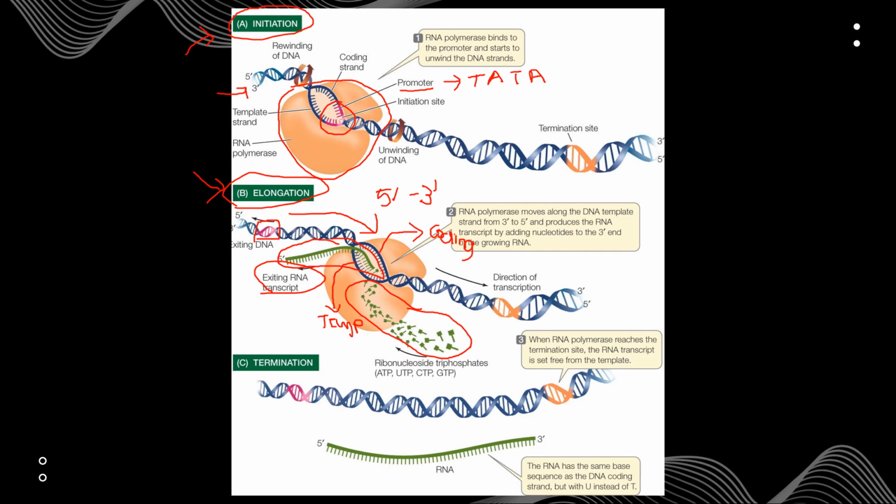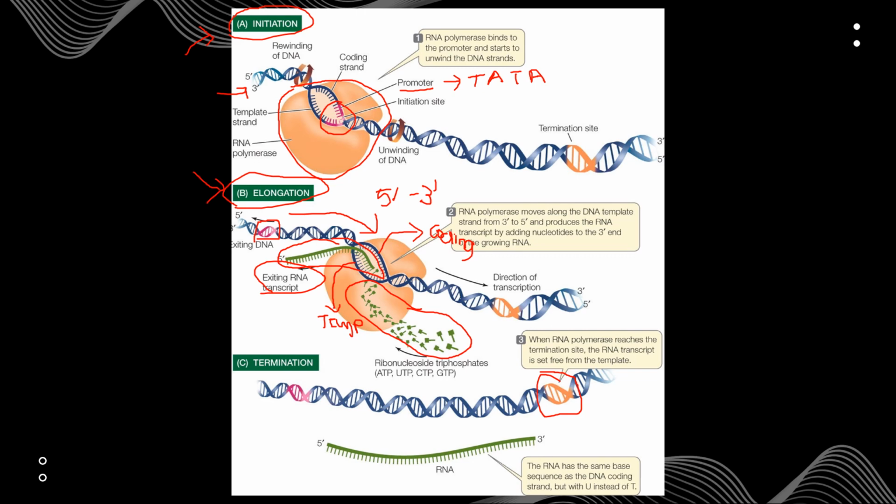So once we finish making our RNA transcript, RNA polymerase will hit this region called the terminator. So it's like a termination site, and that basically tells RNA polymerase that you are done transcribing the RNA, you have transcribed everything you need to transcribe, so it is now time to end making that RNA transcript and release it.